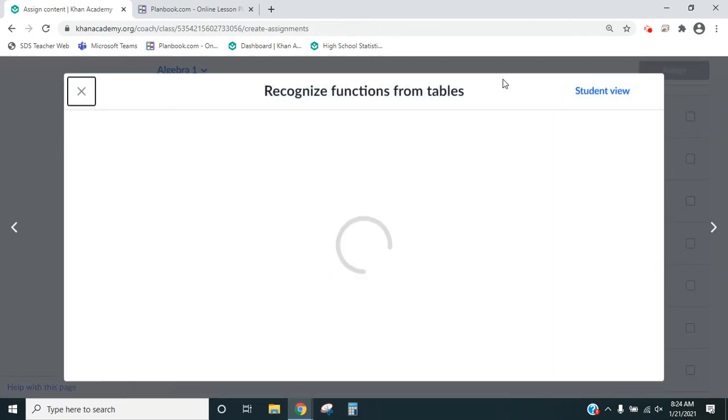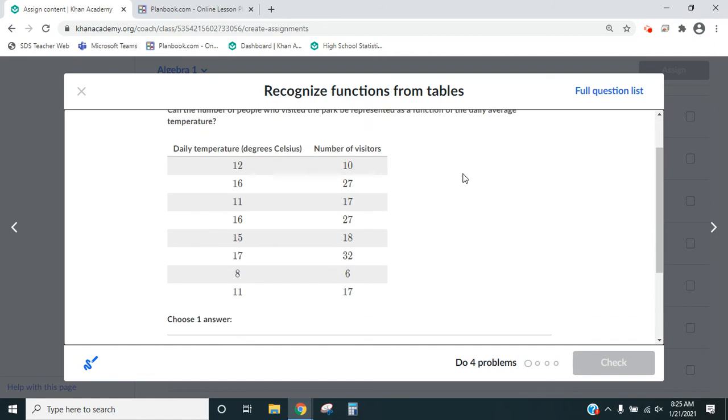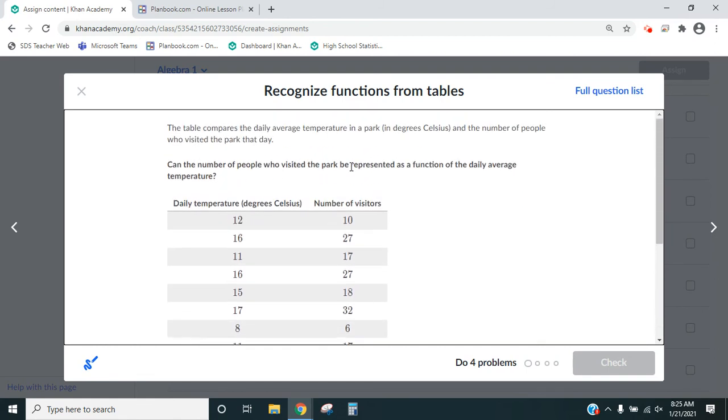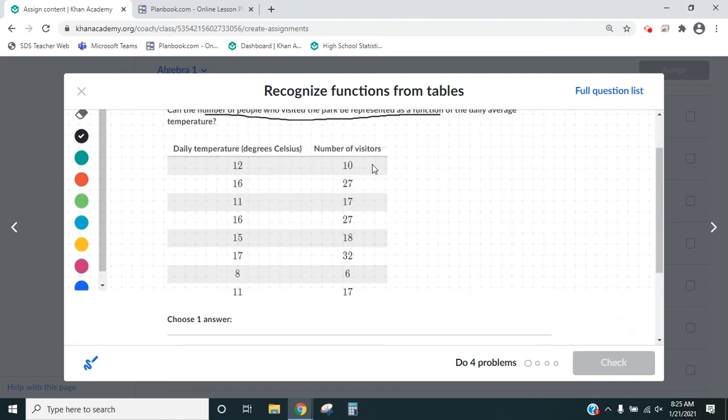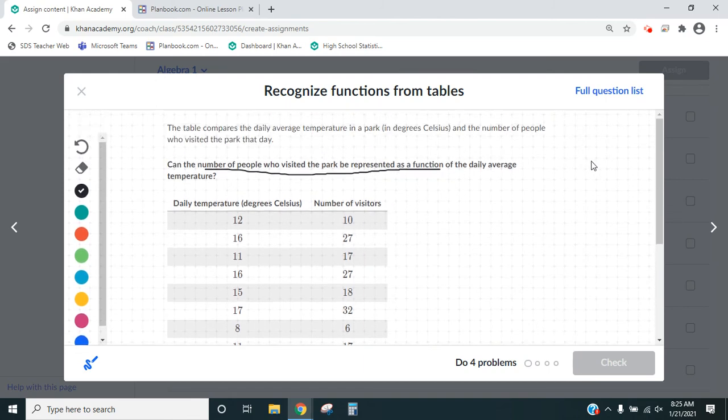Last thing, same idea, but now they're not going to give you a graph. They're just going to give you a table. Can the number of people who visited the park be represented as a function of the daily average temperature?